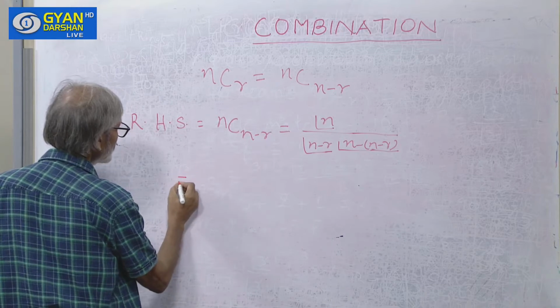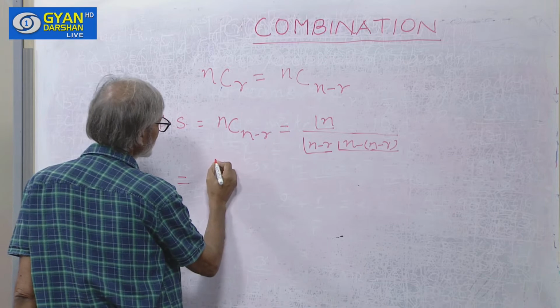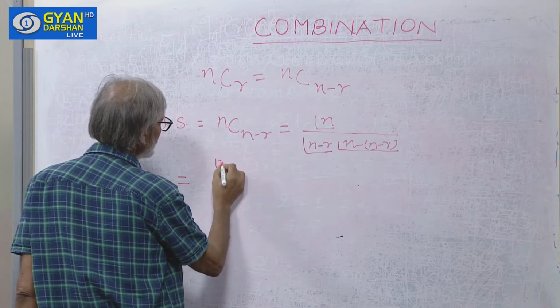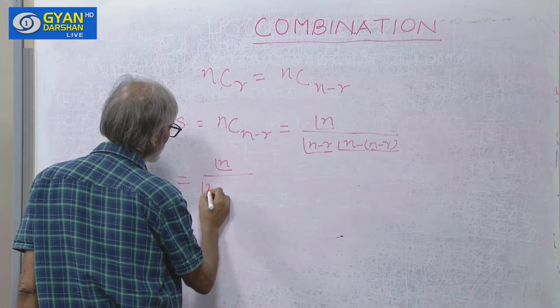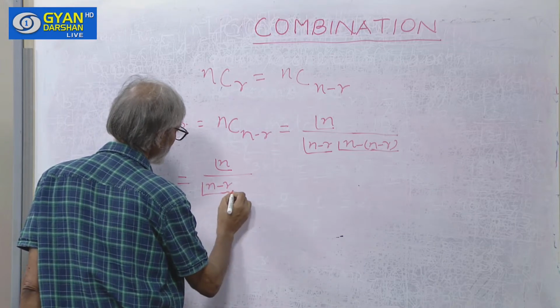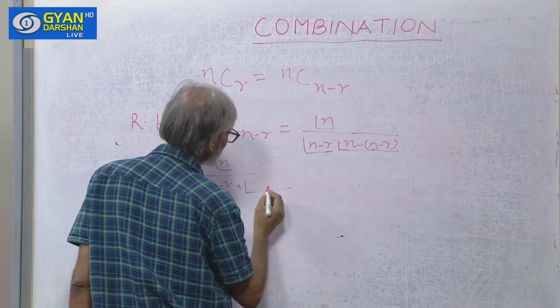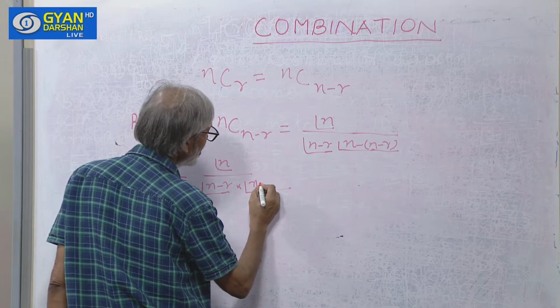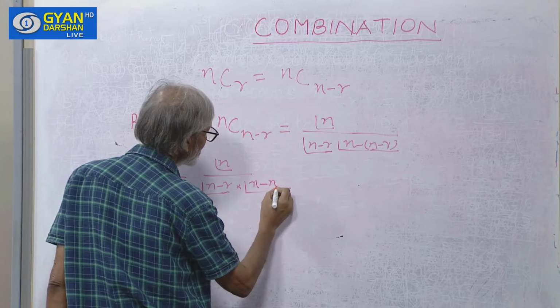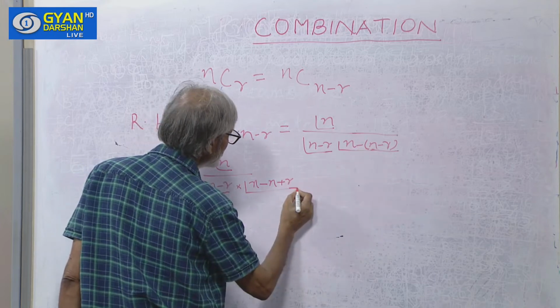So, this will be equal to factorial n divided by factorial n minus r into factorial, let us open the bracket, so it will be factorial n minus n plus r, minus minus plus.